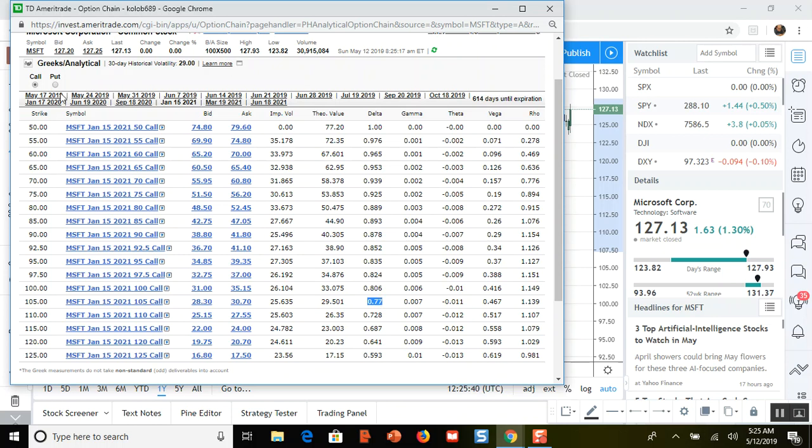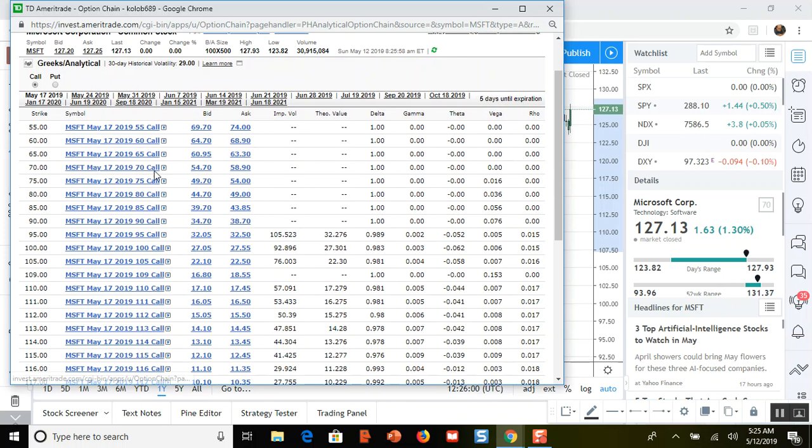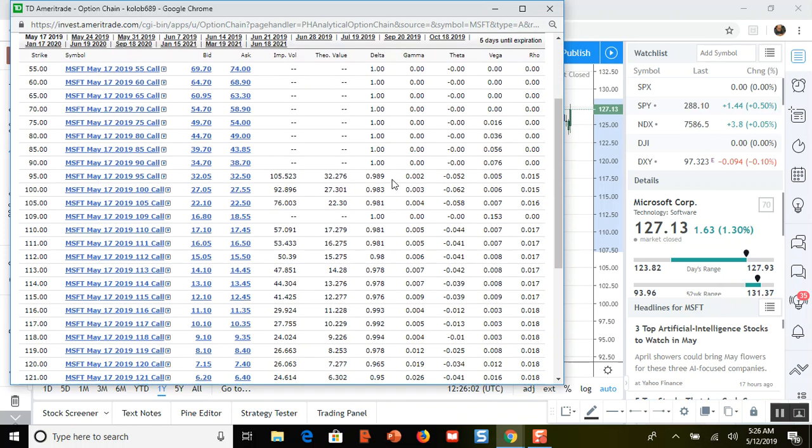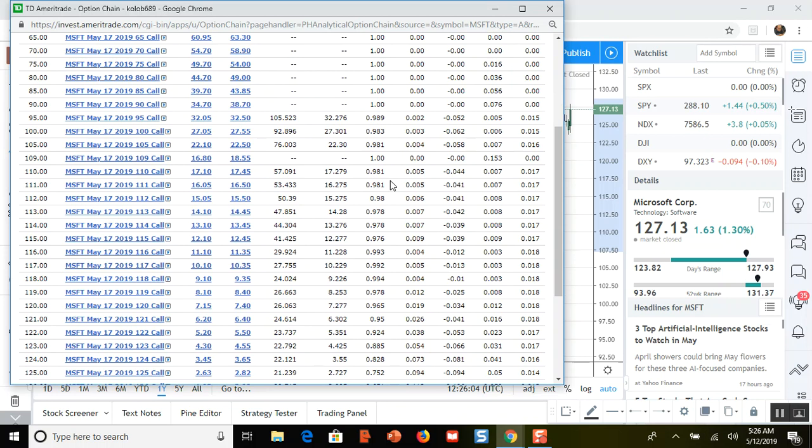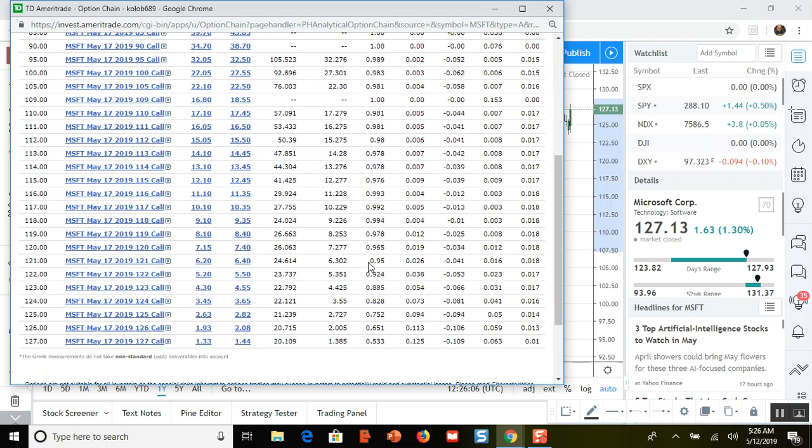Okay. Now, let's look at a short-term call. And let me show you how the delta cancels out any possibility of making money. So whatever money you make selling the open calls, delta will take it right back if the stock is moving a lot like it's been doing. So let's go to May the 17th right here, and let's see how far up we have to go until we find a 77 delta.